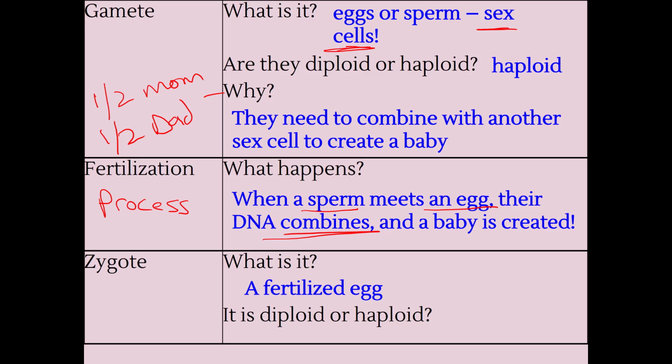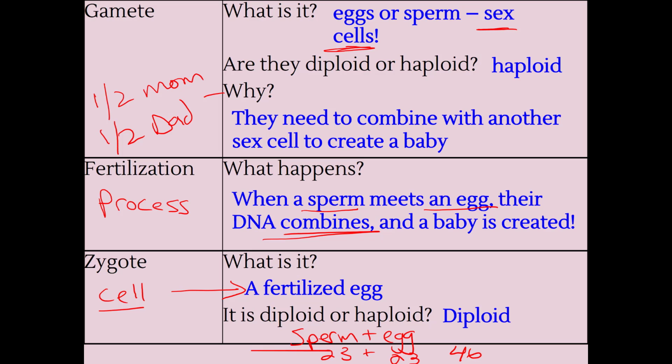The zygote is the actual cell, a fertilized cell. Now, is a fertilized cell going to be diploid or haploid? It is going to be diploid because it is a sperm plus an egg. So that's 23 plus 23, which gives us 46, the total amount, which is our diploid number.